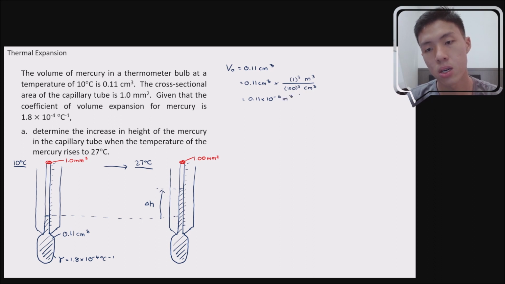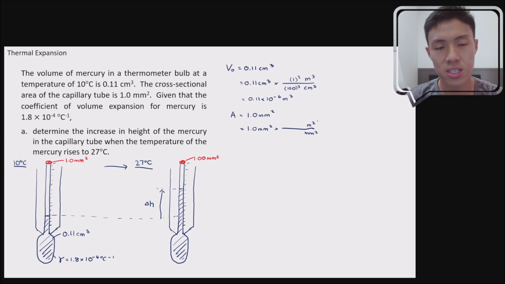Next, you have your cross-sectional area, which is 1.0 millimeter square. You would like to eliminate this millimeter square and replace it with meter square.